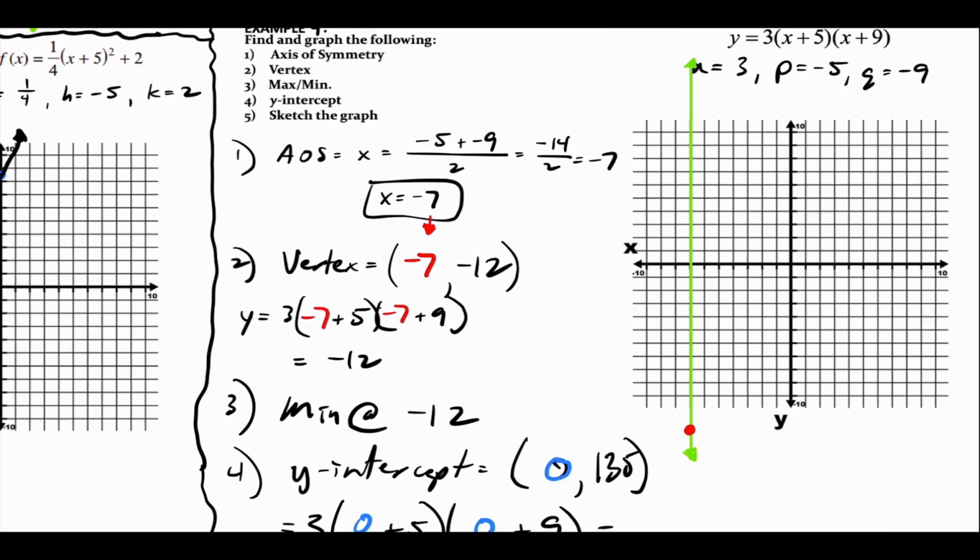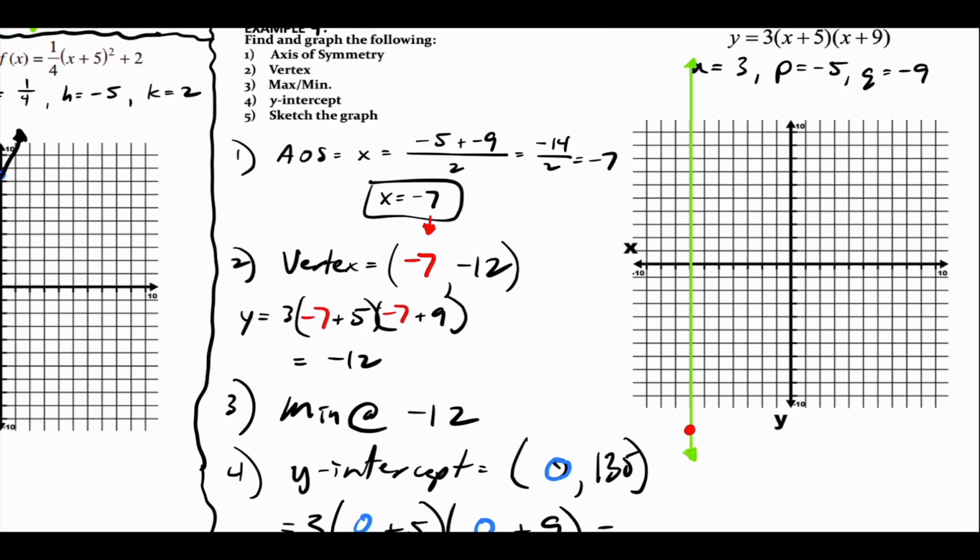Okay, so if this is my graph here, I'm going to extend this guy here. 135 would probably go through the roof. So if that red dot had to connect with the blue dot on the x-axis, is it going to be narrow or wide?